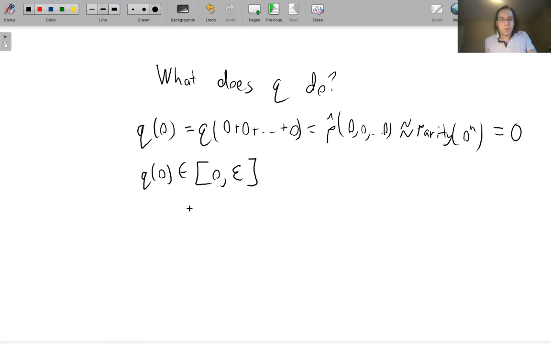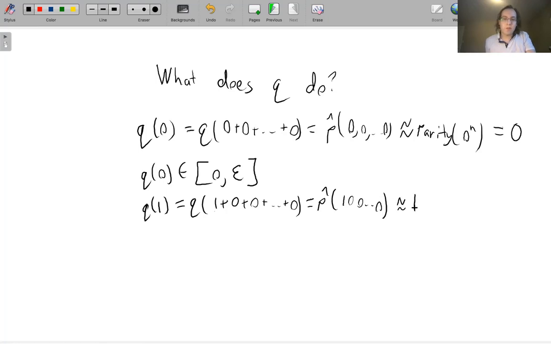Okay. What about Q of 1? Q of 1 is P hat of the string E1, the string that looks like 1, 0, 0, 0, which is approximately equal to 1 because the parity of the string is 1.